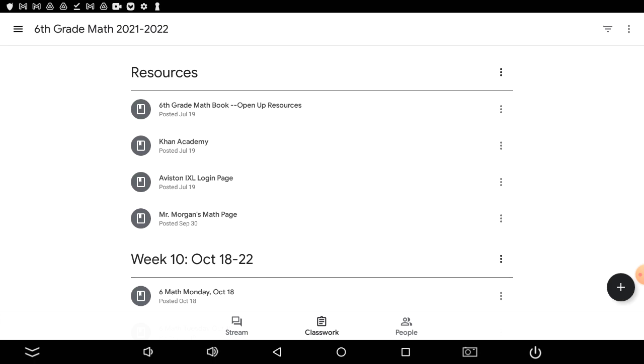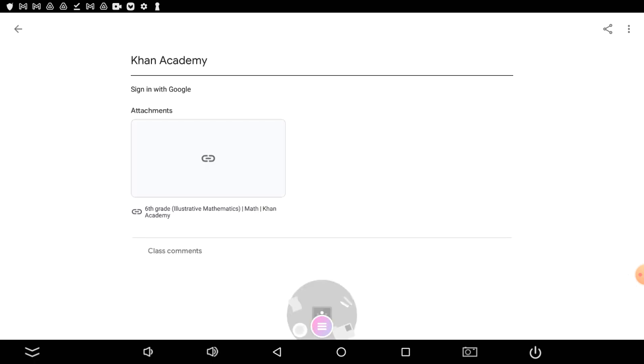You might have to search for ratios. I don't think I have them starred right now, but in Khan Academy, that is directly aligned to our textbook.